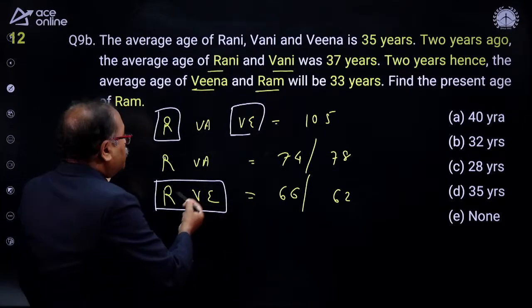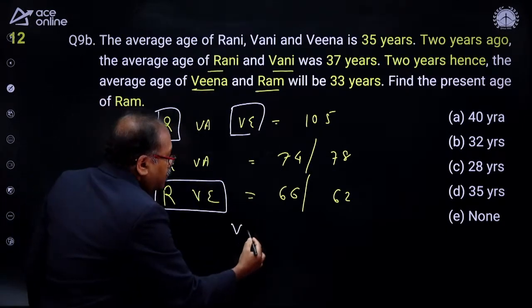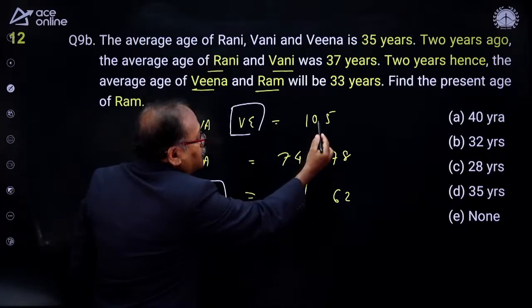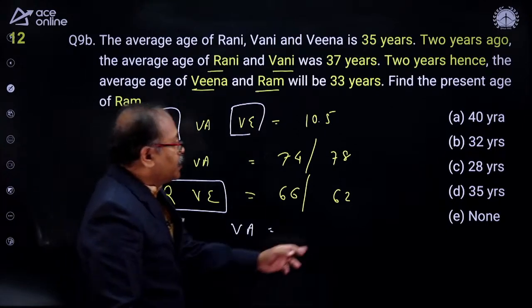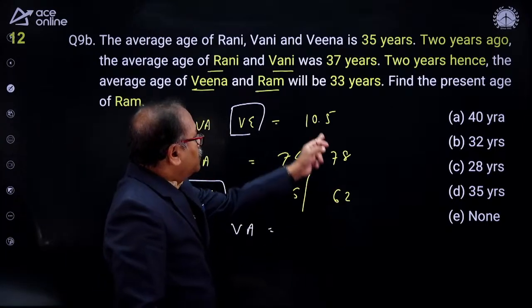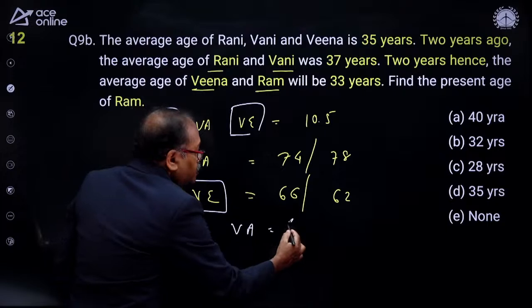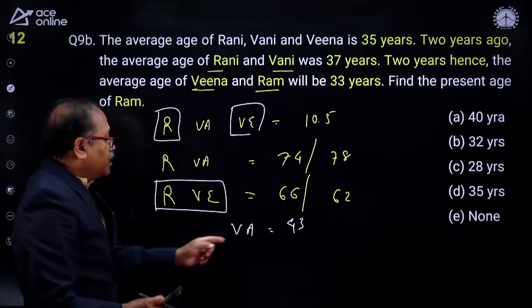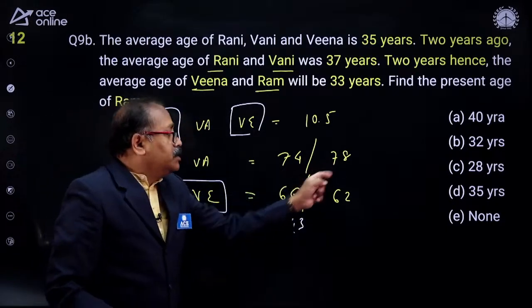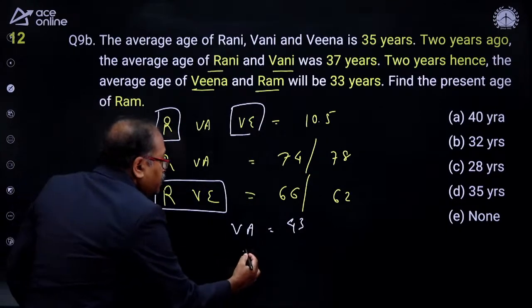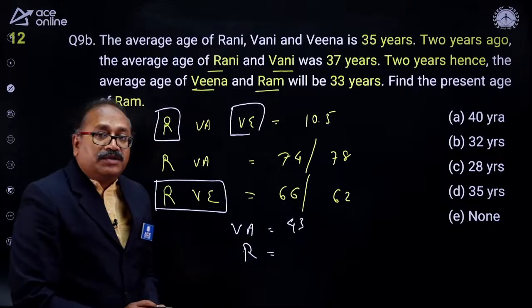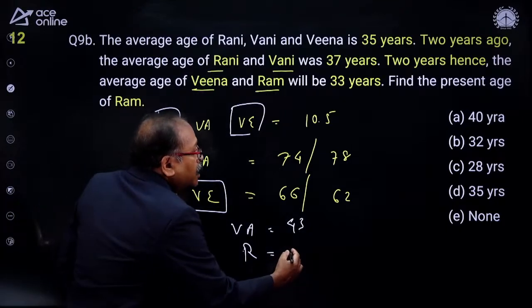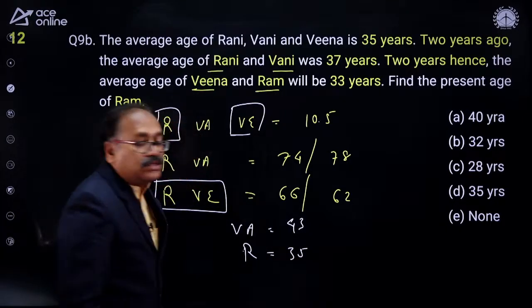So what comes over here? The Vani age will be 105 minus 62, that comes 43. So if the Vani age is 43 and Ram plus Vani is 78, then the Ram's age will be 78 minus 43, which comes 35. So my answer is 35.